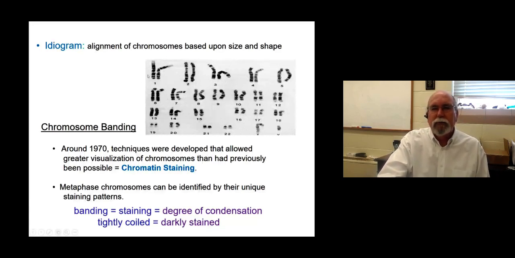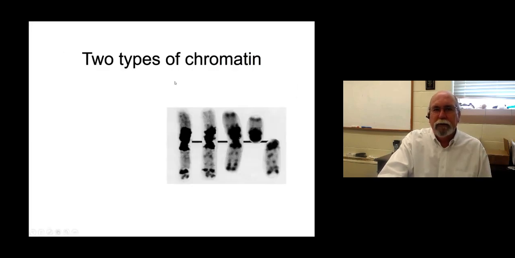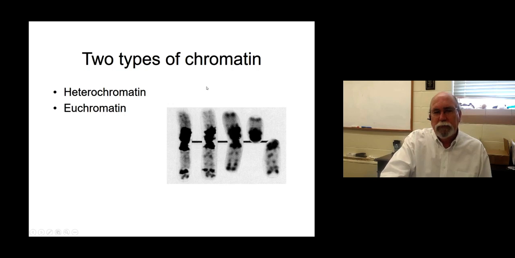So on this crude recognition that there were light and dark areas, they divided chromatin into two primary types. The first type is called heterochromatin, and that's going to be these dark staining areas, areas that take up a lot of stain. And then there's euchromatin, that'll be these lighter areas that we have.